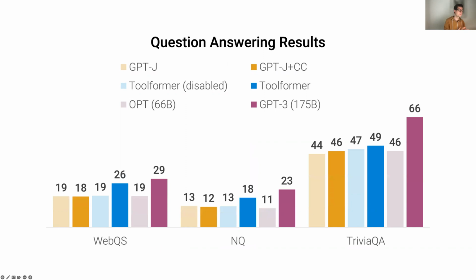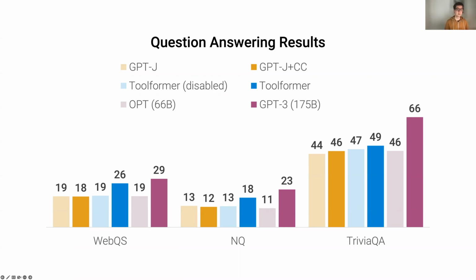So again, here we can see 3 different question answering tasks: WebQuestions, Natural Questions, and TriviaQA. We can see once again that Toolformer really helps compared to our GPT-J baselines, but we can also see that in all 3 cases, it does not perform nearly as well as vanilla GPT-3, which seems to contain a lot of factual knowledge that makes it easier for it to solve those tasks.